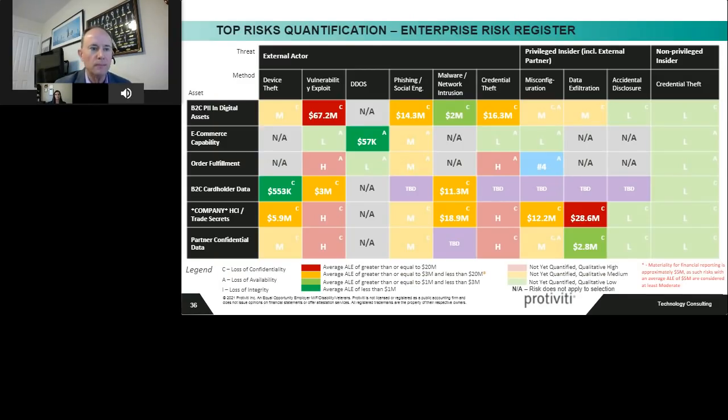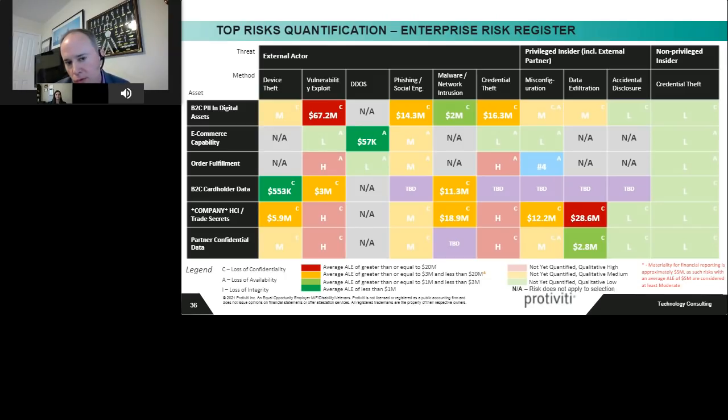Here's an example of a risk register. And this was an organization that had a qualitative risk methodology. And you can actually see we characterized qualitative risks as low, medium, and high. What we did that was a little bit different is across the top, we broke them down by threat method, and down the Y column, the asset.